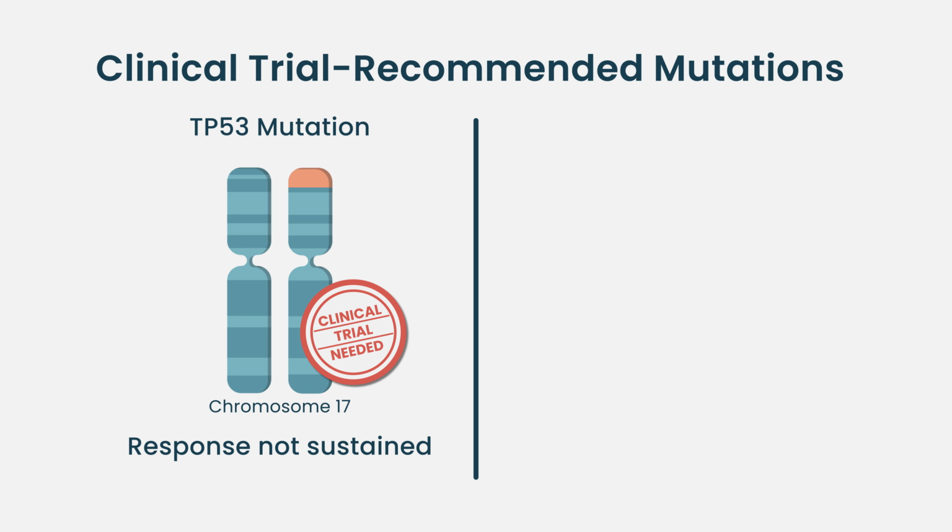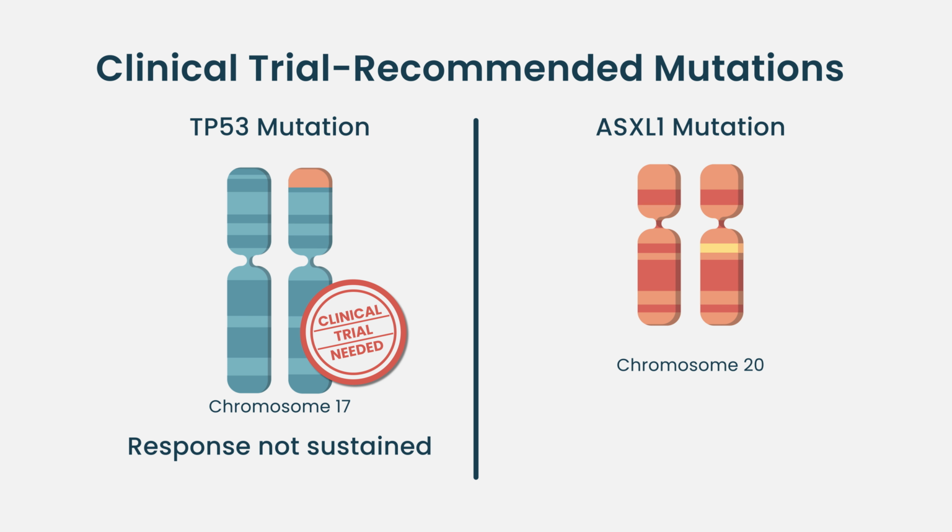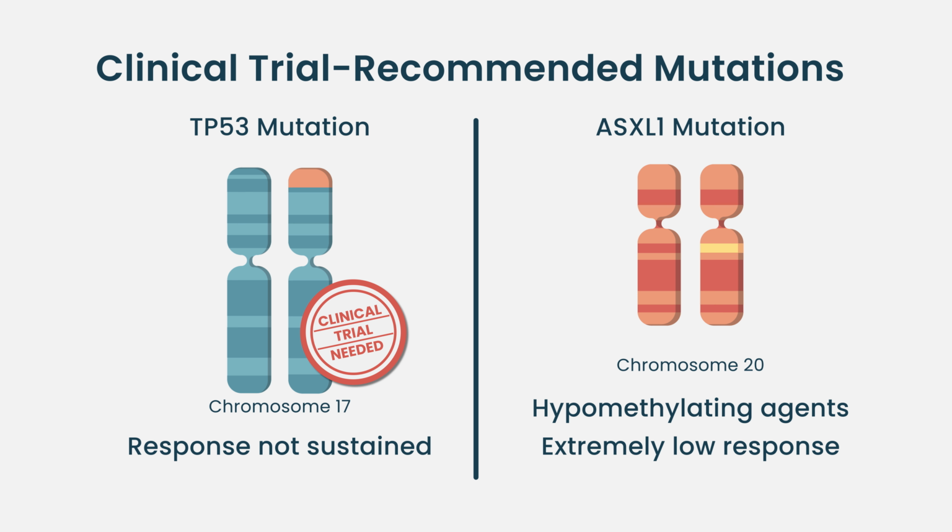Another example would be ASXL1 mutations. So ASXL1 is another adverse risk mutation in myelodysplastic syndrome. And what we know is that if it is a higher risk patient and we're trying to use what would be considered the standard of care therapy, which would be a hypomethylating agent, we know the response rate in those patients is extremely low. We're talking, depending on what study you're looking at, somewhere between 0% and probably at the highest end, maybe 30%.